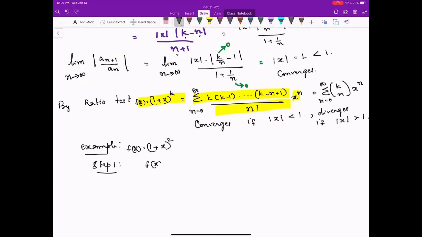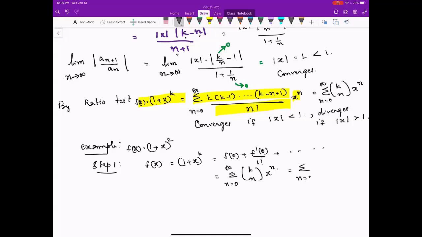So f of x is written as 1 plus x to the power k. Normally, we write f at 0, f prime 0 over factorial 1, and so on. In this binomial notation, we are going to write this as the sum with n varying from 0 through infinity of k chosen n, x to the power n.